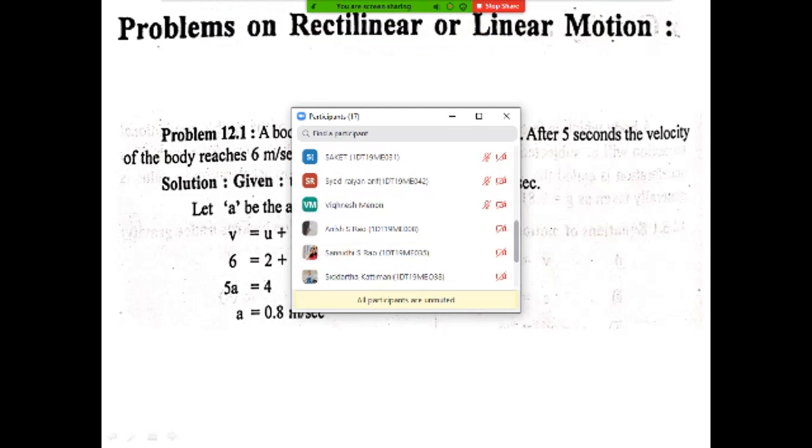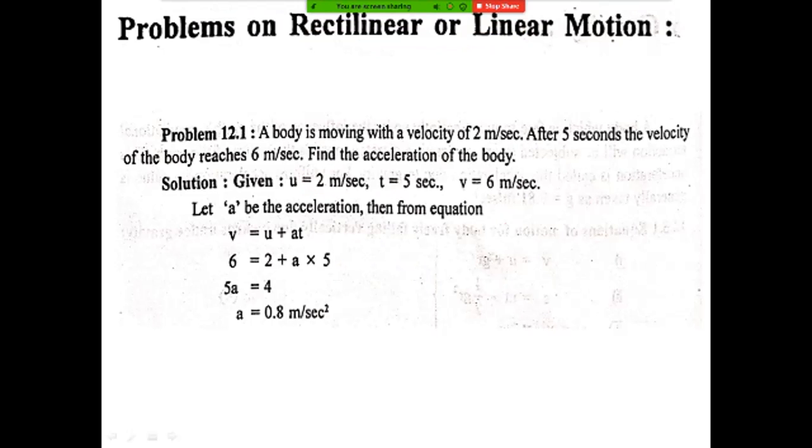Okay, now it is clear. Have all of you gone through this problem, whatever I explained? See the problem once again. I will give 2 minutes. What is given I noted here: u, initial velocity, final velocity, and t, time, are given. What is asked is acceleration.